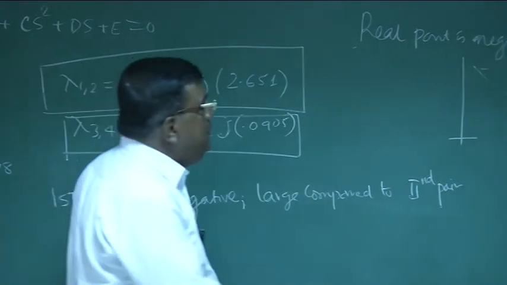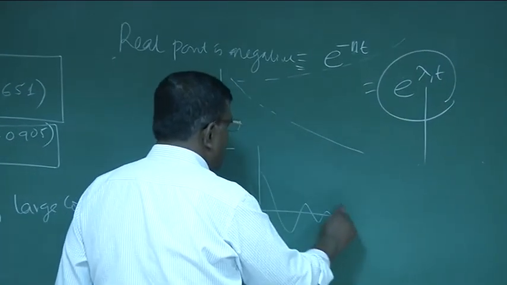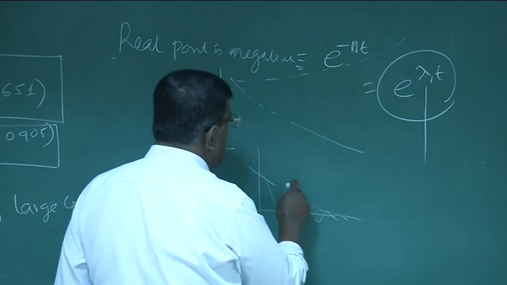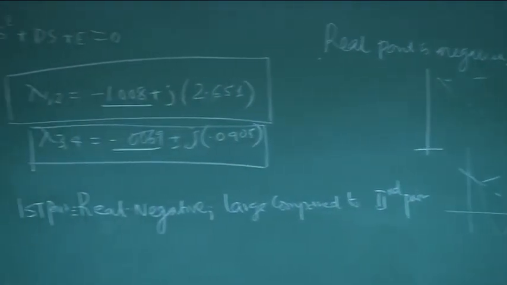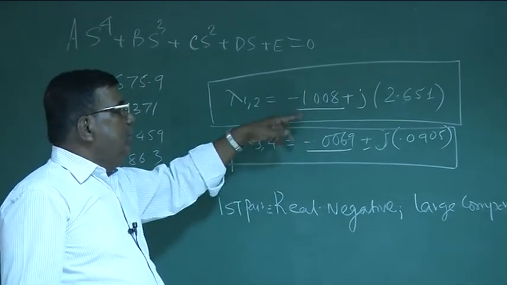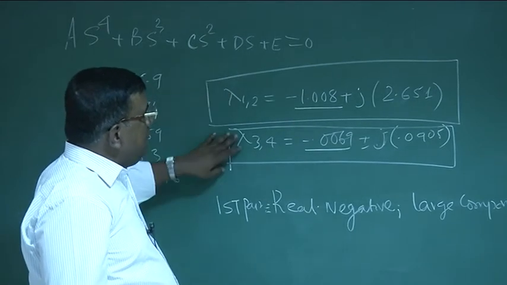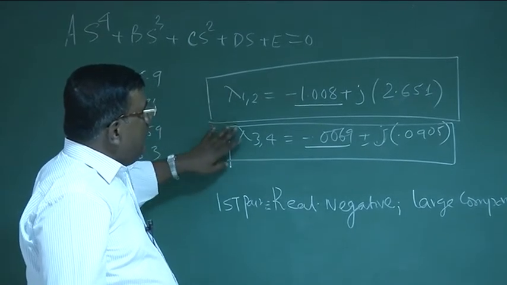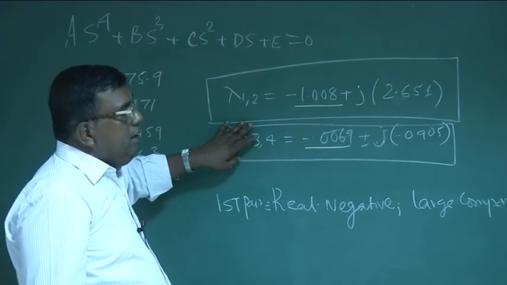So the response will typically look like this. The envelope will be governed by the real negative root, and wherever the root is large negative, it will decay fast compared to the slower one here. So I can see that there are two modes that are excited, where one is decaying very fast, another is taking a long time.